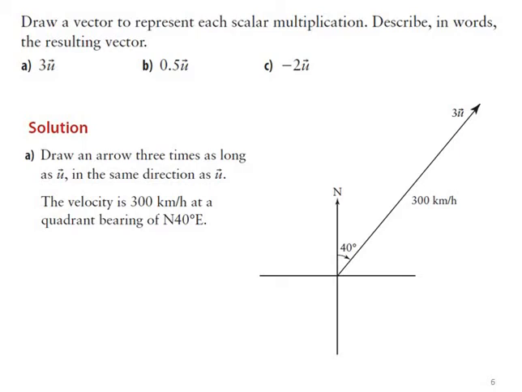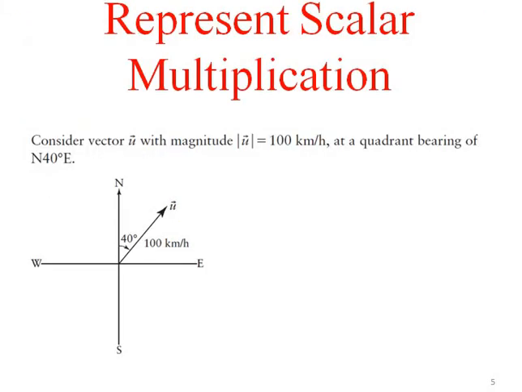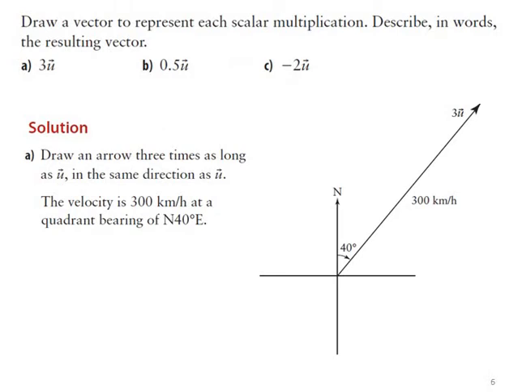So if you want to find 3u, the magnitude is going to be 3 times 100, so 300, and since it's positive, it's going to be in the same direction, which is N40E. Let's see the answer now. As you see here, the magnitude is 300 kilometers per hour, in the same direction. So that's the answer to 3u.